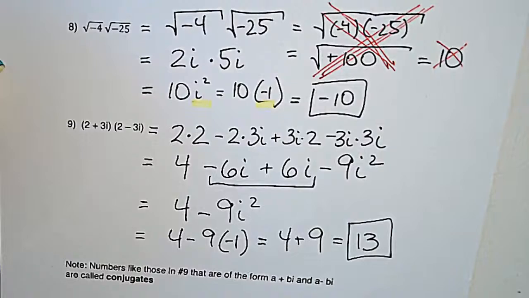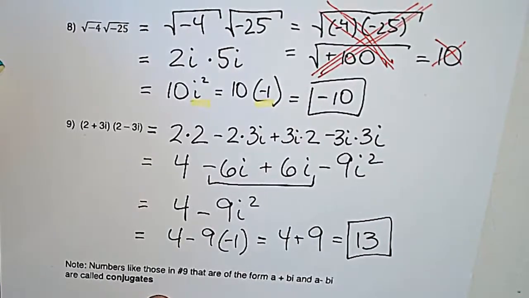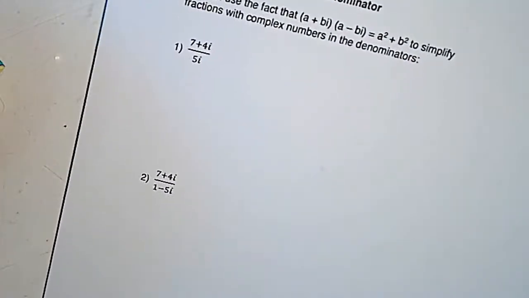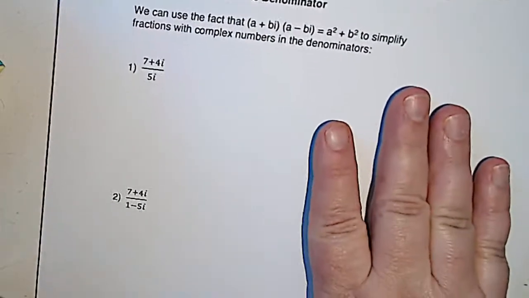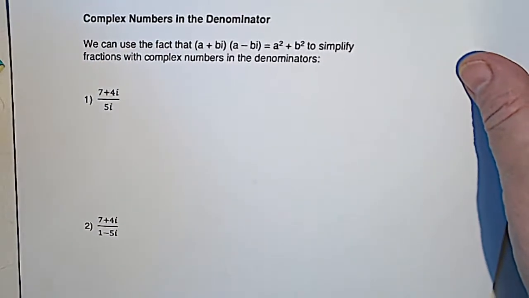So the note here: numbers like those in number 9, of the form a plus bi and a minus bi, are called conjugates. Conjugate means they go together. Mathematicians love conjugates. And then you're going to say to me, but why would we ever use a conjugate? What is that useful for? I'm so glad you asked, but you're probably going to regret it. Okay, but knowledge is always a good thing, even if it hurts a little bit, right?